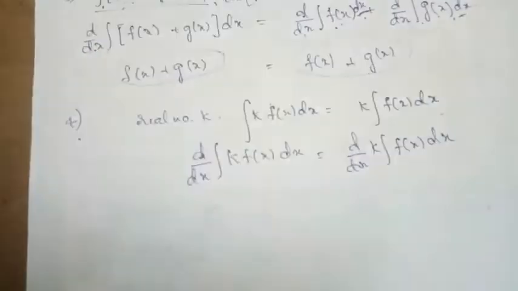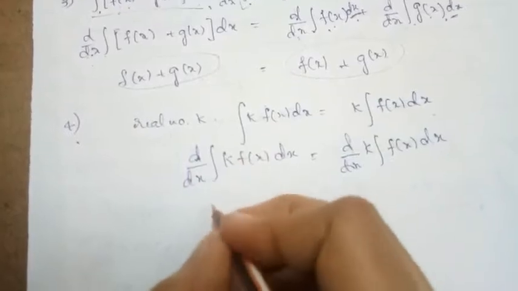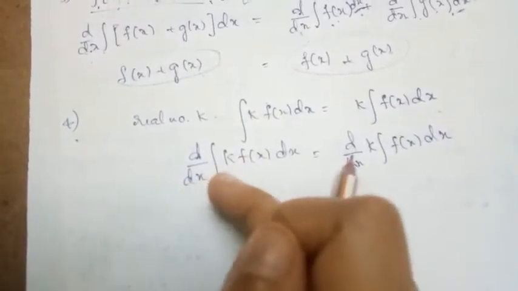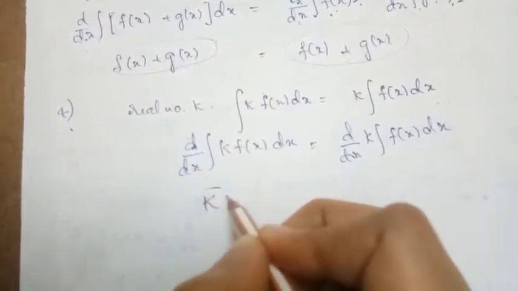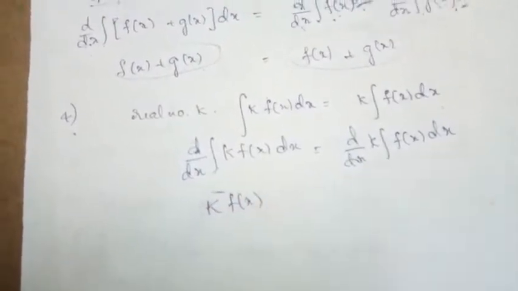Again, if I differentiate on both the sides, it becomes d by dx of the integration of k f of x dx is equal to the differentiation of k times the integration of f of x dx. First, if I solve the left hand side, differentiation and integration of k f of x dx gives k f of x, the function itself.